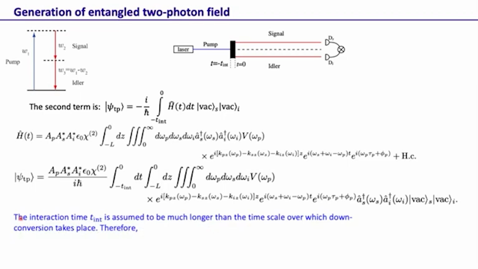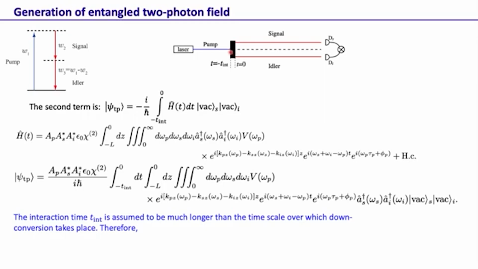Okay, now we'll assume that the interaction time T interaction is much longer compared to the time scale over which down conversion takes place. Of course this T interaction is basically the time it takes for light to travel through this crystal, and usually these crystals are a few millimeters thick.